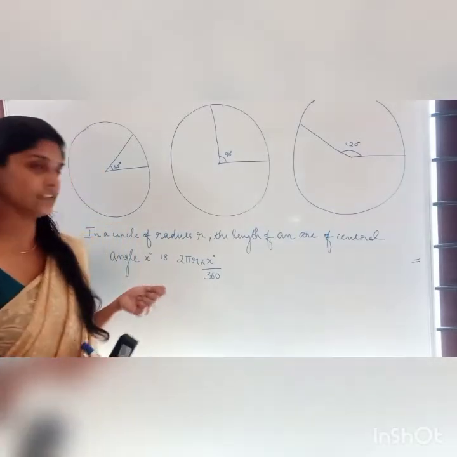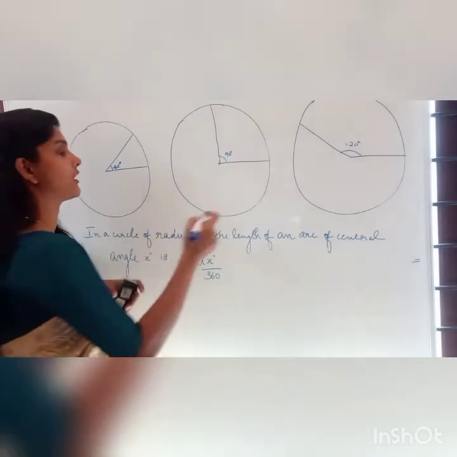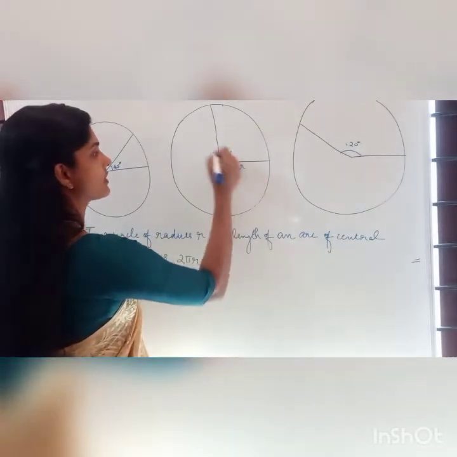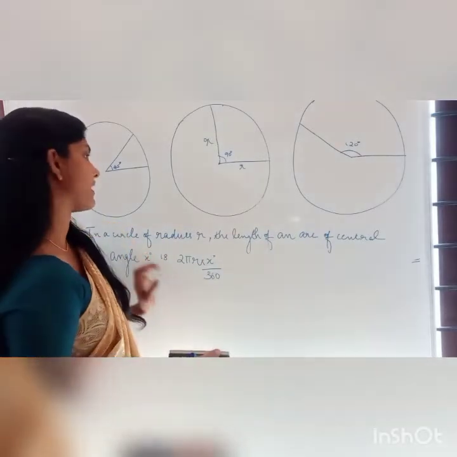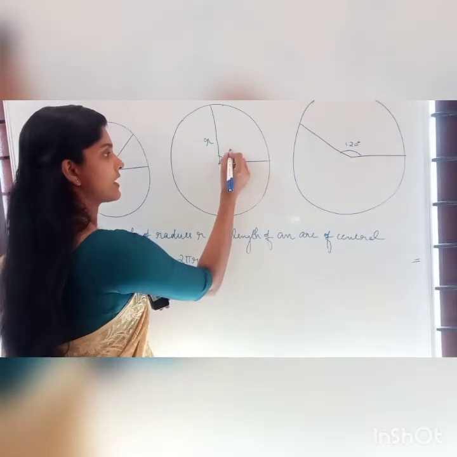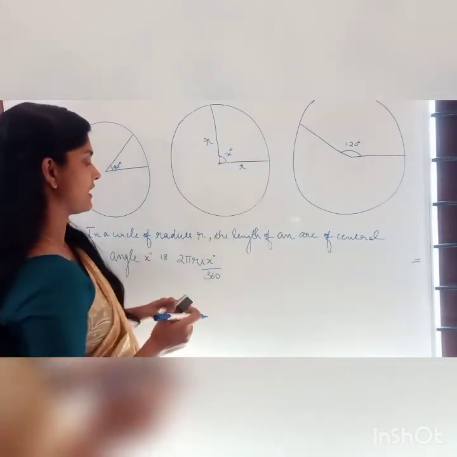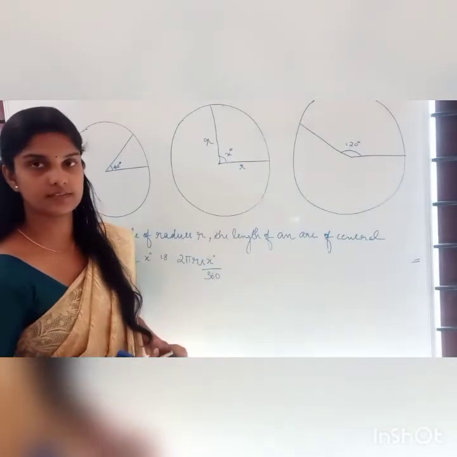So here we can see that in a circle of radius r, the length of an arc of central angle x degree, we shall take the central angle as x degree, is given by 2 pi r into x degree by 360 degree.